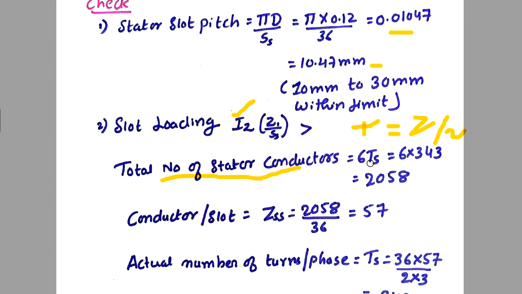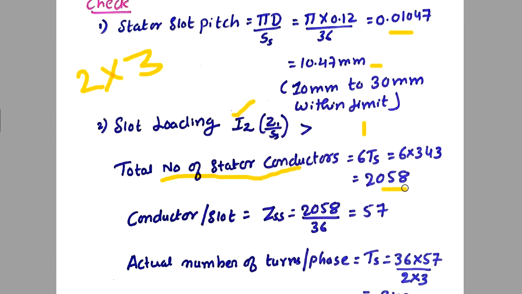For a phase I require one turn consisting of two conductors. Then why is it multiplied by 3? 3 means it is number of phases. So that means 2 into 3, 3 is my number of phases and 2 is because two conductors compose one turn. Now, so total 2058 conductors.